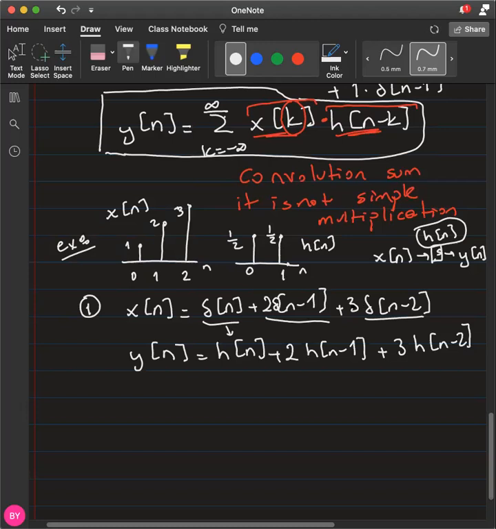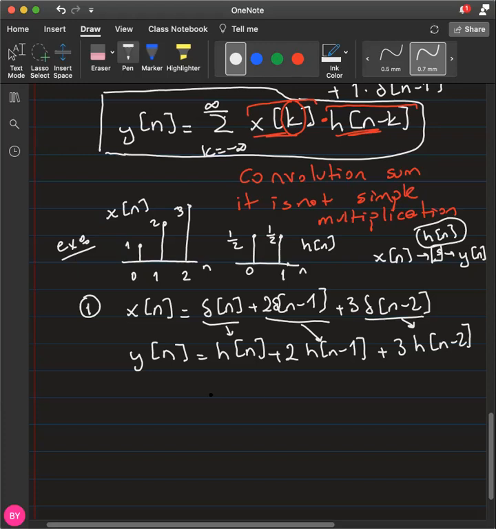Okay, so this is very easy. If you know the input, if you know the impulse response, you can easily write these outputs immediately.